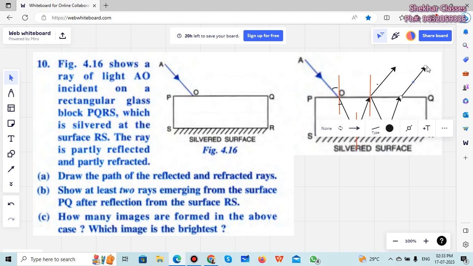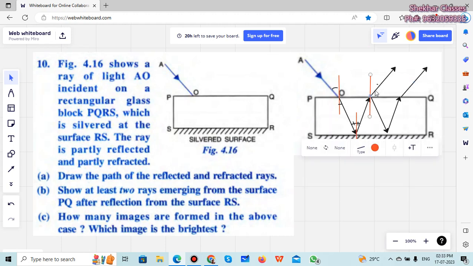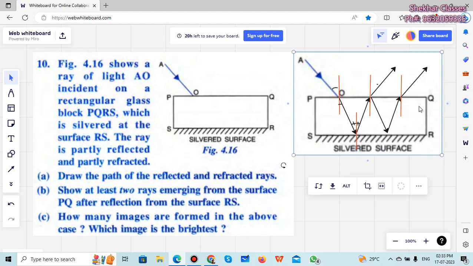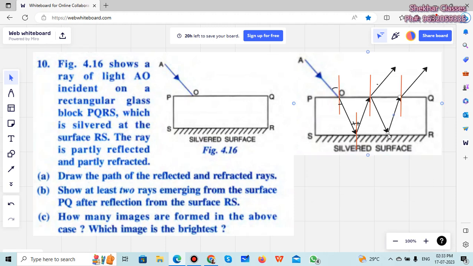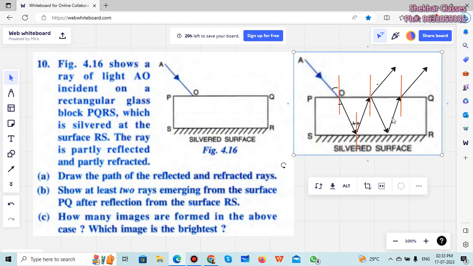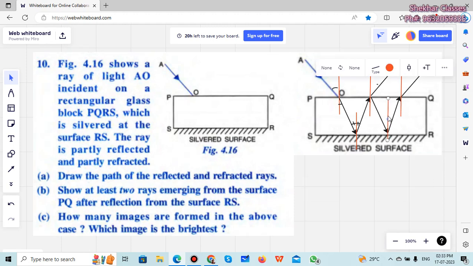Fine. It should be almost parallel, maybe slightly. And then I have to draw the normal here again. Fine. So the same phenomenon will happen here, and here. Okay. Now, one more normal has to be drawn here, right?